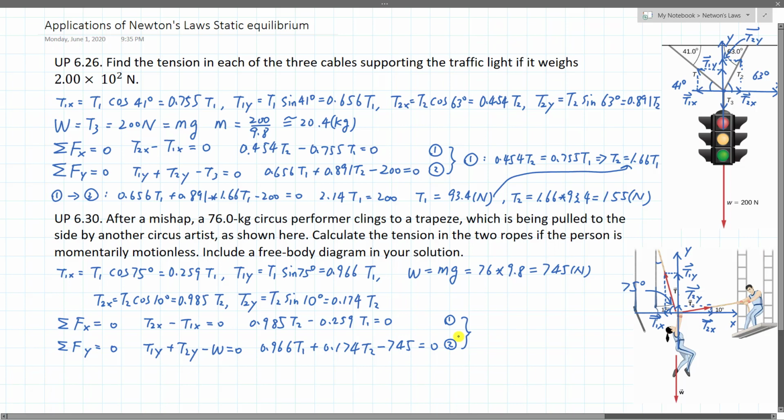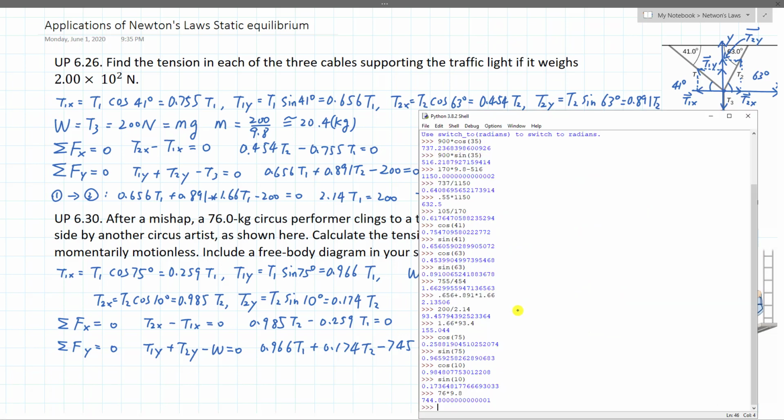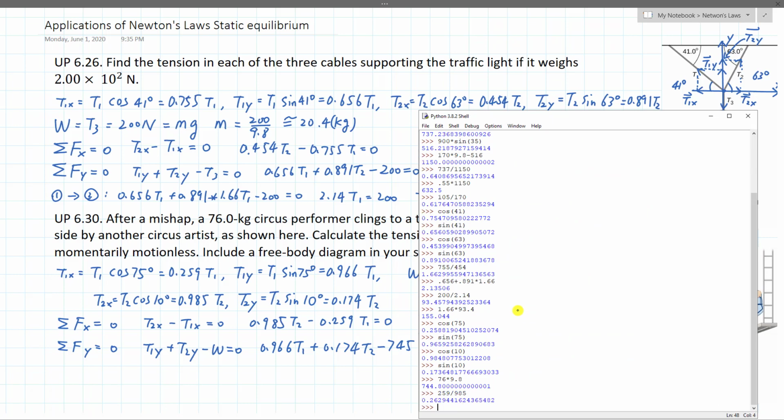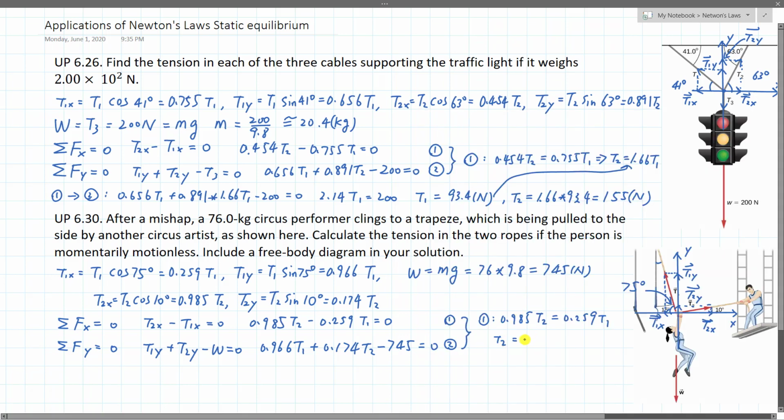So we can still take equation 1 and turn it into a format that looks like this. So 0.985 T2 equals 0.259 T1. So T2 is equal to 259 over 985, and we have 0.263 T1.